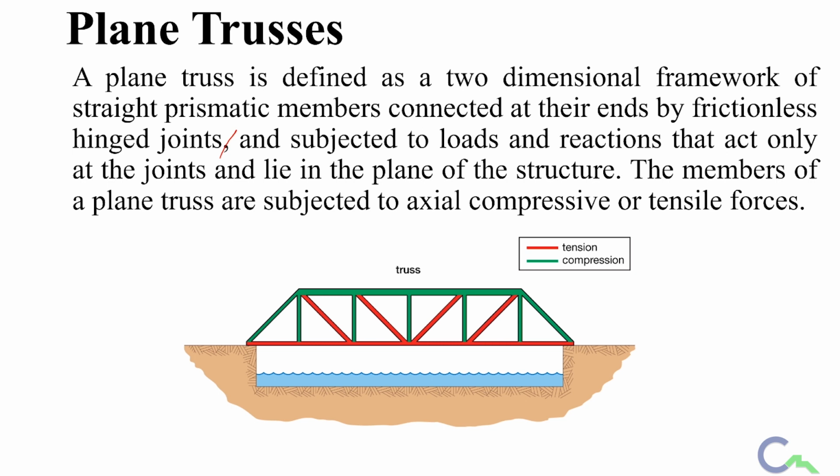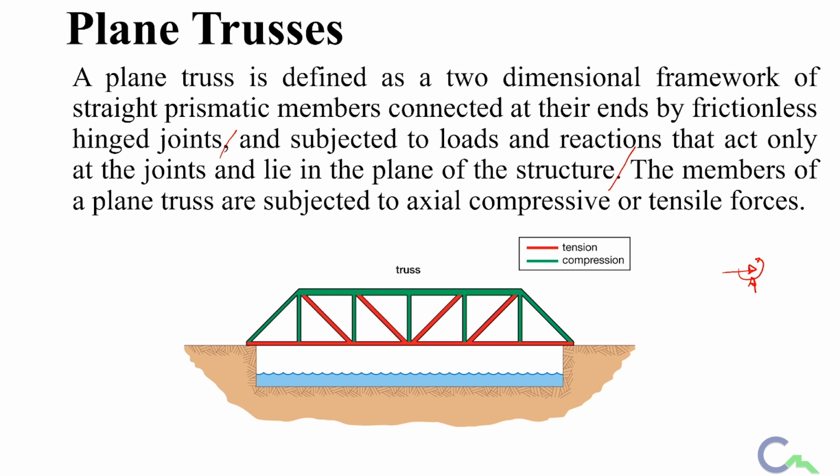That means it is having only two reactions, either in horizontal direction or vertical direction. I can say it is not going to develop any moment, and it is subjected to load and reaction that act only at the joints and lie in the plane of the structure.